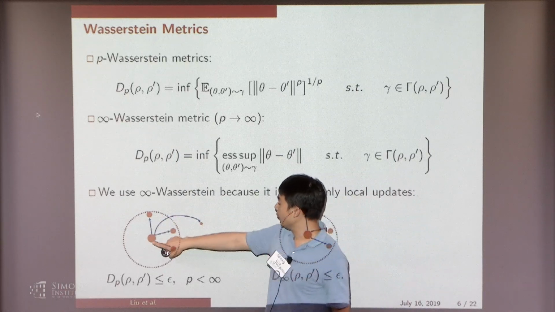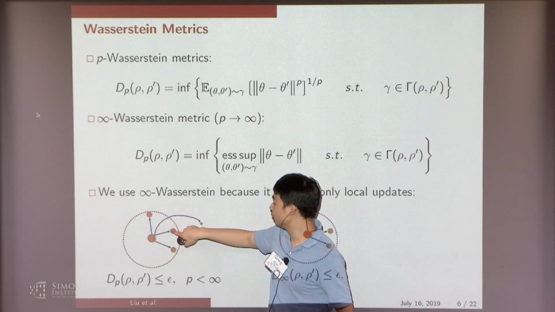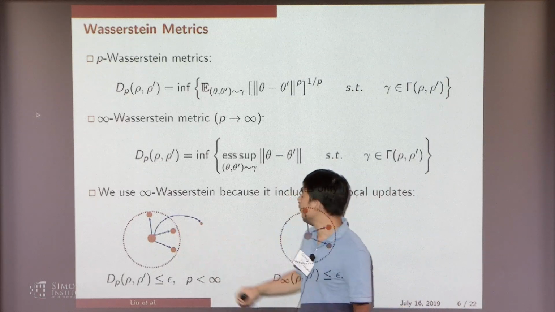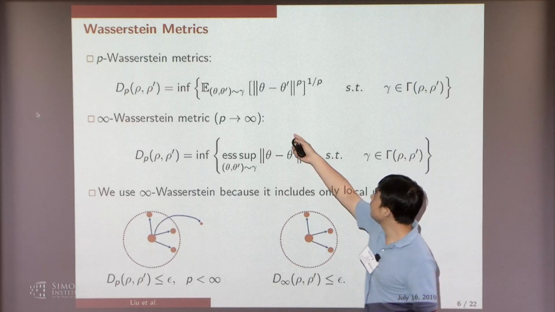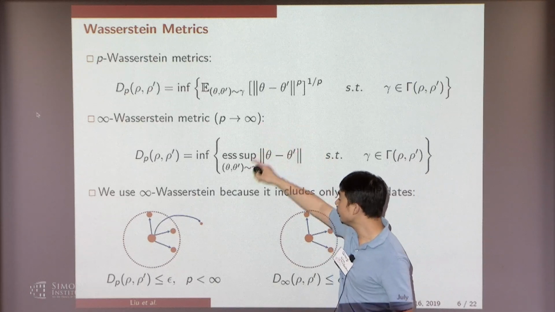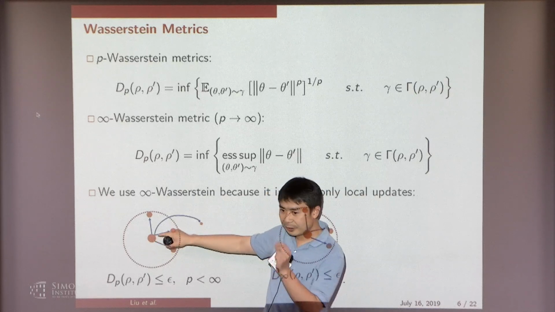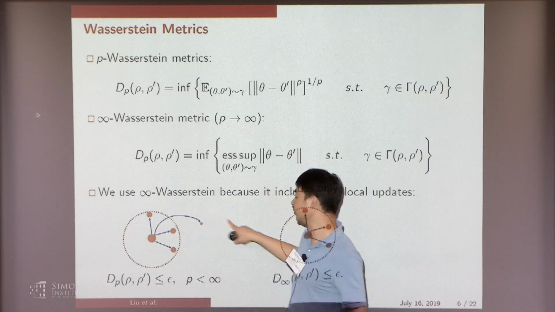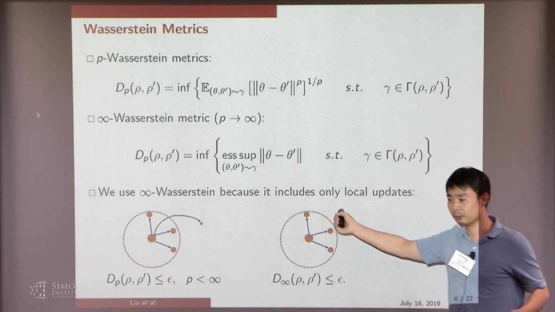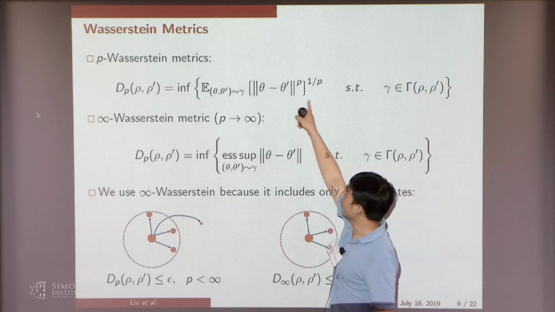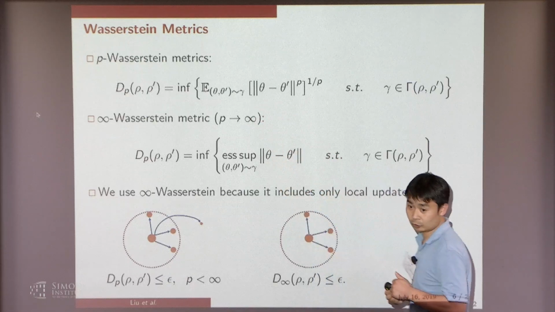So in this case, this probability mass is split into three locations with smaller weights, right? But because we are taking a p norm here, and it's an expectation, we can also move a very small portion of the probability mass somewhere very far away from the original points, right? And this is because the cost is measured by the expectation, right?